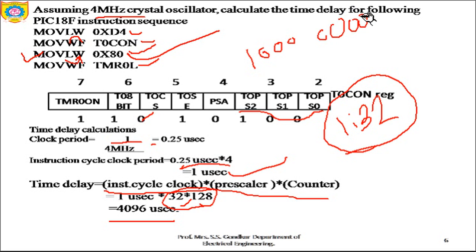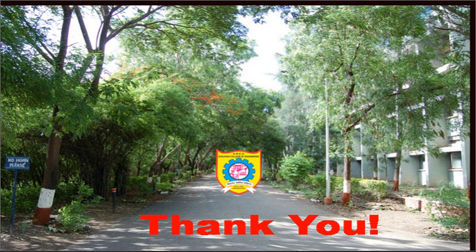If you take its equivalent, it is 128. In this way we got this 128 and it is equal to 4096 microseconds, which is equal to 4.09 milliseconds. So in this way we just saw the insights of the T0CON register and some of the numericals based on this. Thank you.